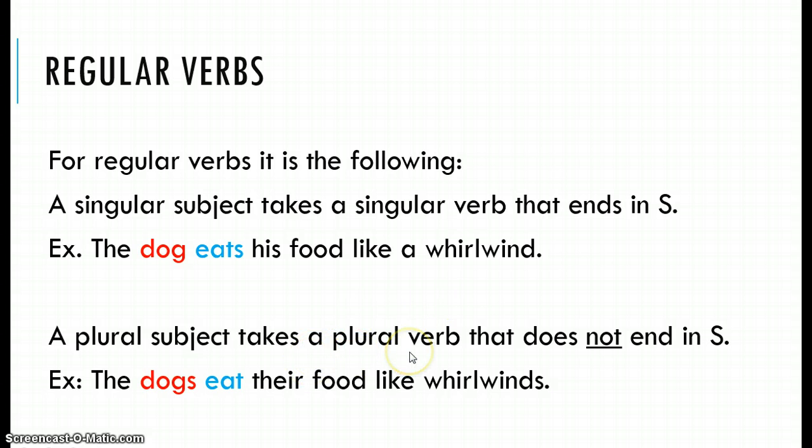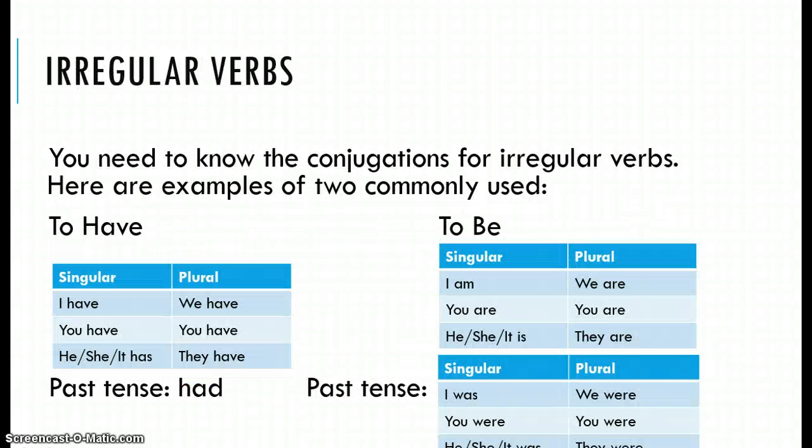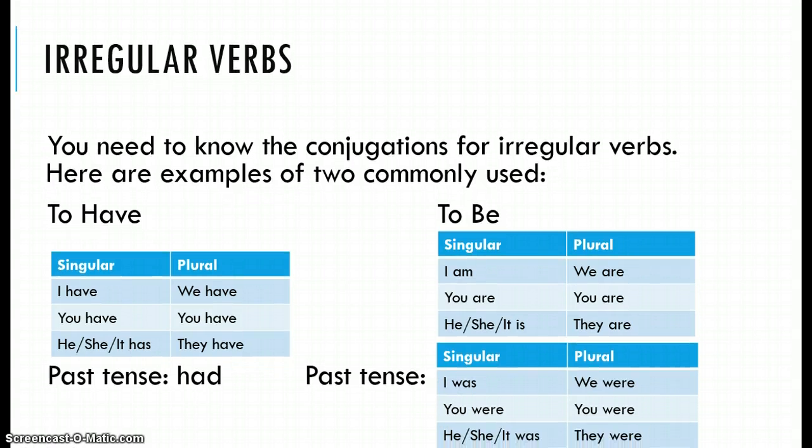Let's take a look at irregular verbs though, where I think some of the problems occur. So irregular verbs are irregular in that they're not the same. So we have to sort of memorize the conjugations for them. Let me see if I can move this down. There we go, and we can see all of it. Basically, this is where your Spanish or your French or your German come into play.